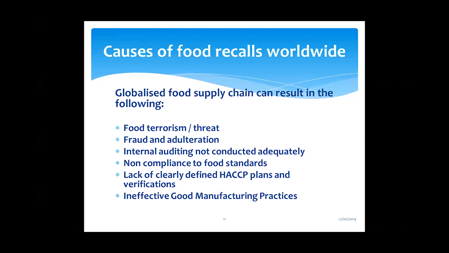A globalized food supply chain can result in the following: food terrorism or threat, fraud and adulteration. I just wanted to touch base on food defense and food fraud. Please note that food defense and food fraud are not the same thing. Food defense relates to the effort to protect food from acts of intentional adulteration with the intent to cause harm.